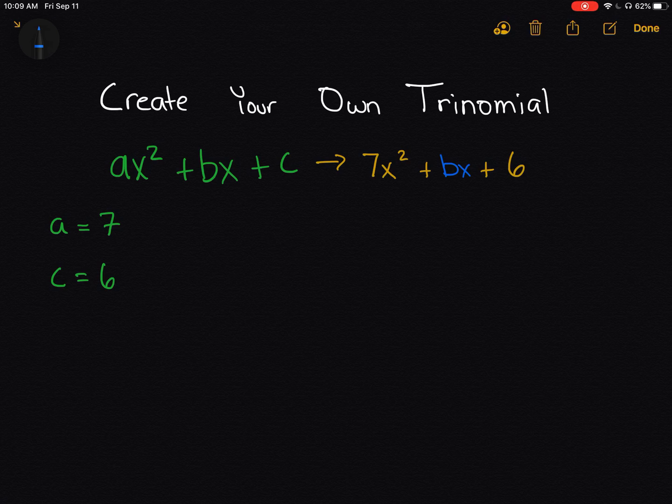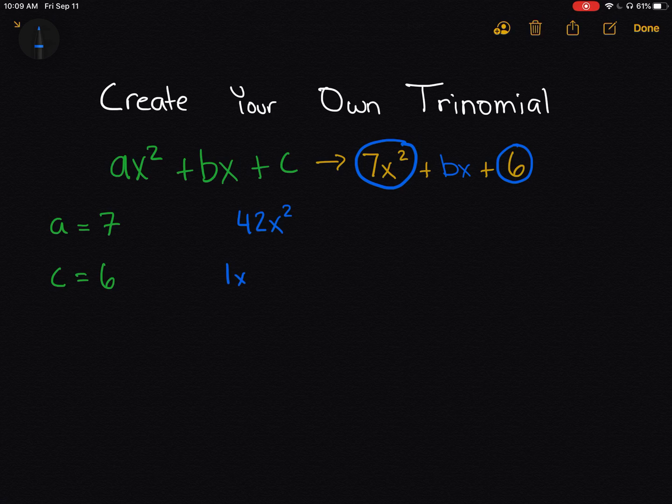And so the pattern for doing this is you multiply the 7x squared and the 6. That will give you 42x squared. And so you want to find factors of 42x squared that add to be something. In this case, because we don't know b, they can add to be whatever.